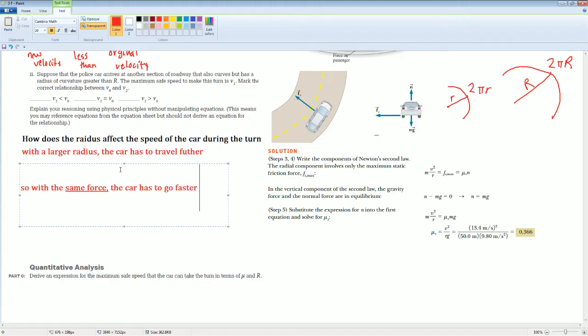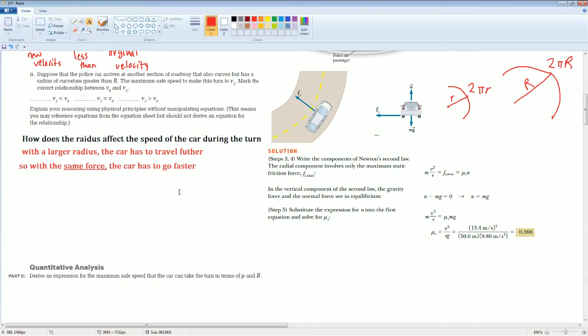Think about it. For you to cover this distance at the same time, you would actually have to go faster, right?